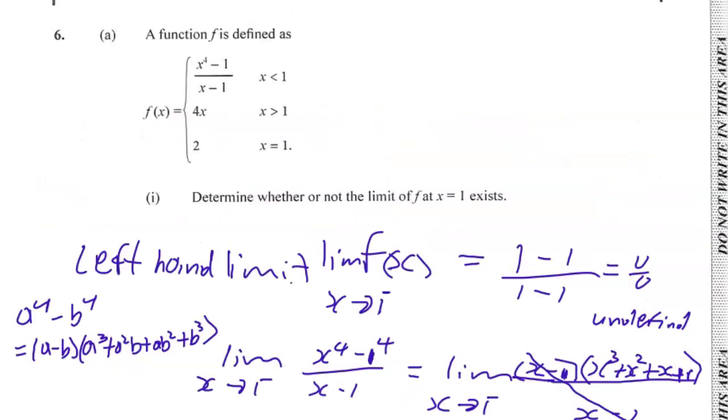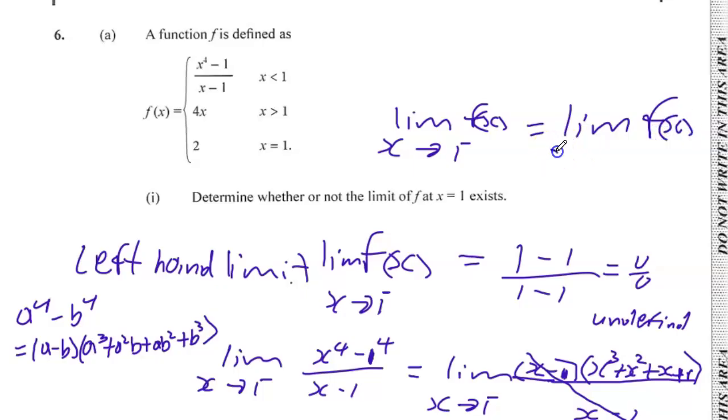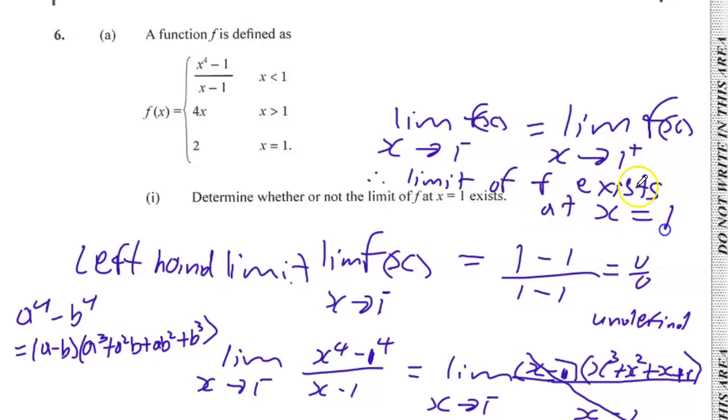So notice that the limit of the function as you approach 1 from the left is equal to the limit of the function as you approach 1 from the right. They are equal to each other. So therefore, the limit of f exists at x equal to 1. So we can make that conclusion.